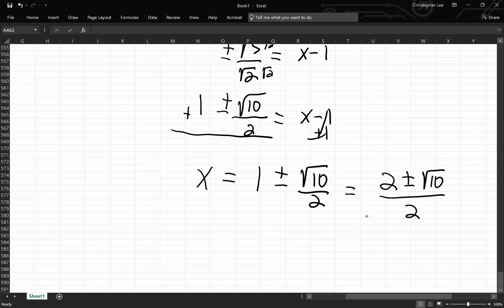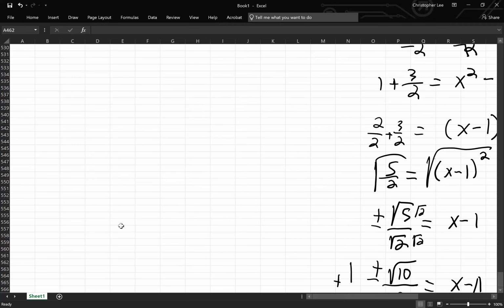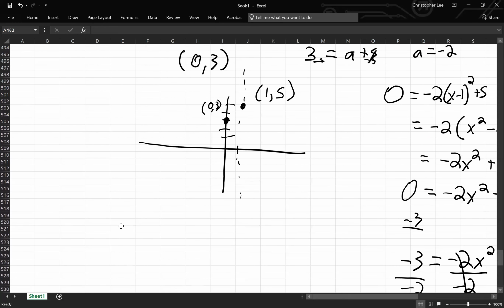So what did I just find right there? These are my x-intercepts, right? One of them is (2 minus square root 10)/2, and the other one is (2 plus square root 10)/2. Come back up here. So I have a point right here. I have a point right here. Notice my graph is not drawn to scale, but it's labeled. That's the big deal.